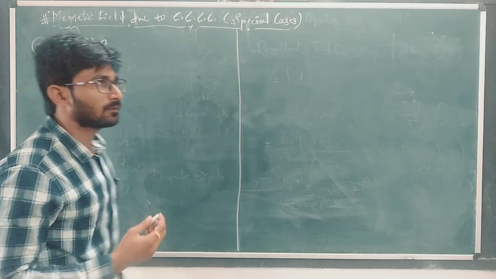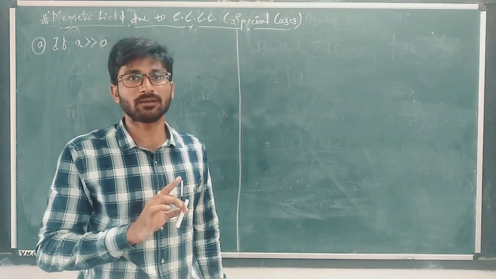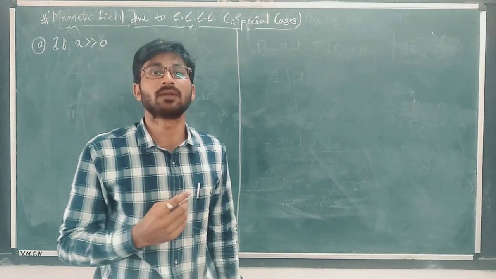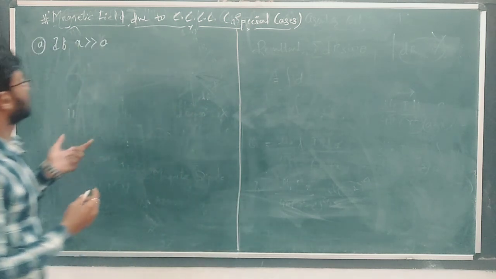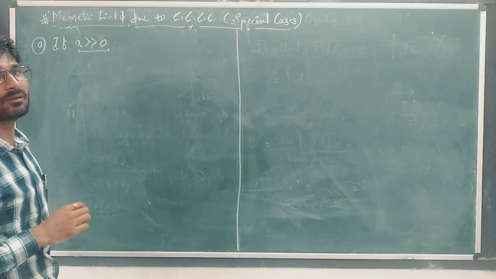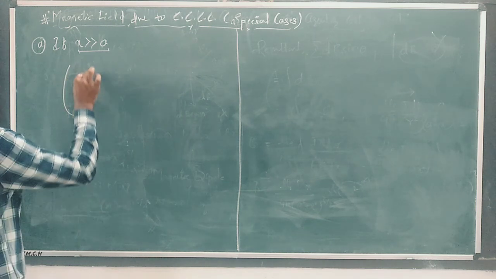In the previous lecture we discussed the magnetic field along the axis, and we found the magnetic field at the point P. In a similar way, if x is very much greater than a, just by seeing this figure you will get it very easily.